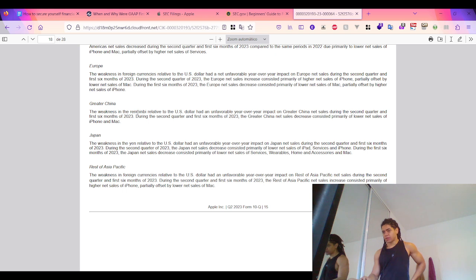The weakness in the renminbi relative to the US dollar has had an unfavorable year-over-year impact on Greater China net sales during the second quarter and the first 6 months of 2023. The weakness in the yen as well, during the second quarter and first 6 months of 2023.